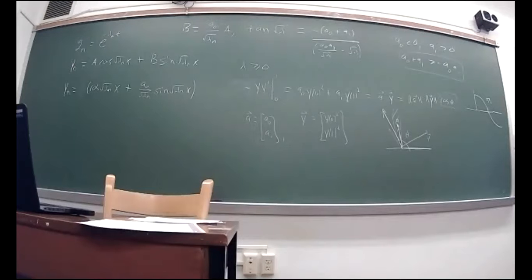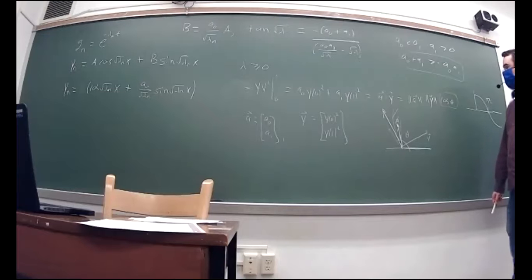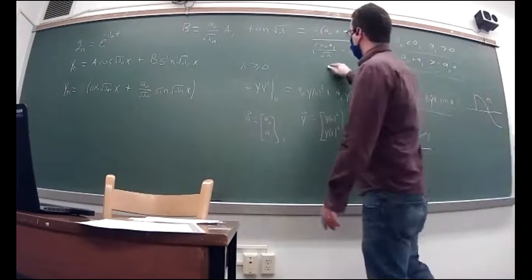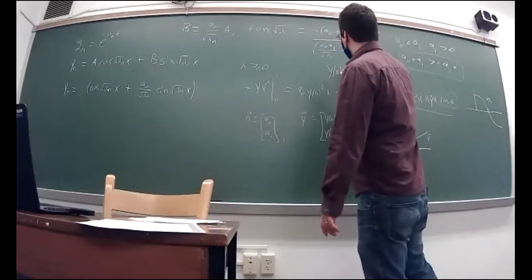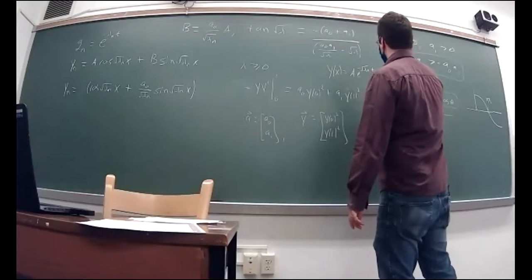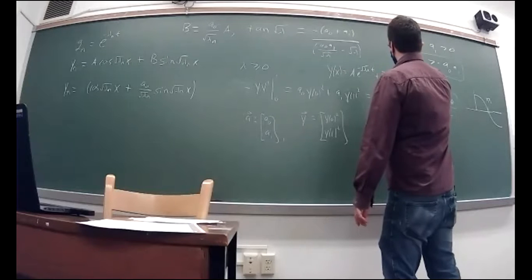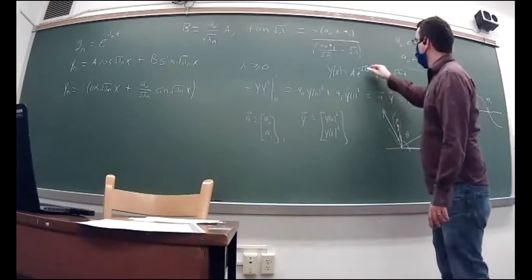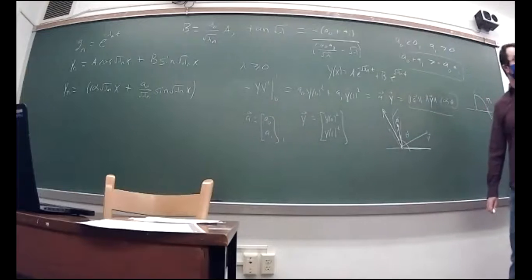Like that entire term won't be able to be 0? What that entire term is what? A naught y0 squared plus a1 y1 squared. Yeah, what I'm saying is that if it's true that y has this formula, and I don't want to work this out because it's not illustrative, this is the solution in case lambda is negative.